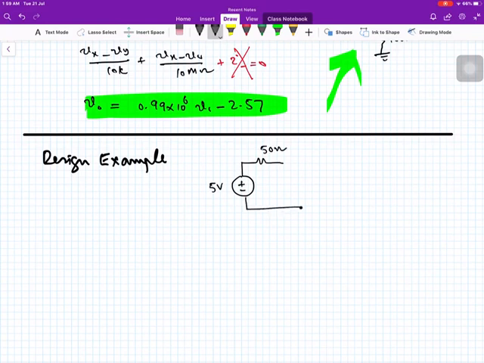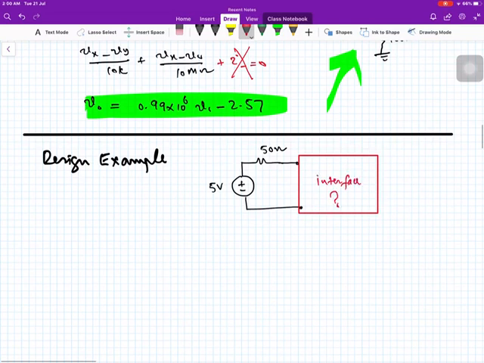Note that we can say that this circuit is the Thevenin equivalent of some source circuit. And now we need to design an interface. This is the interface we need to design, and in this we will see what should be in this interface.